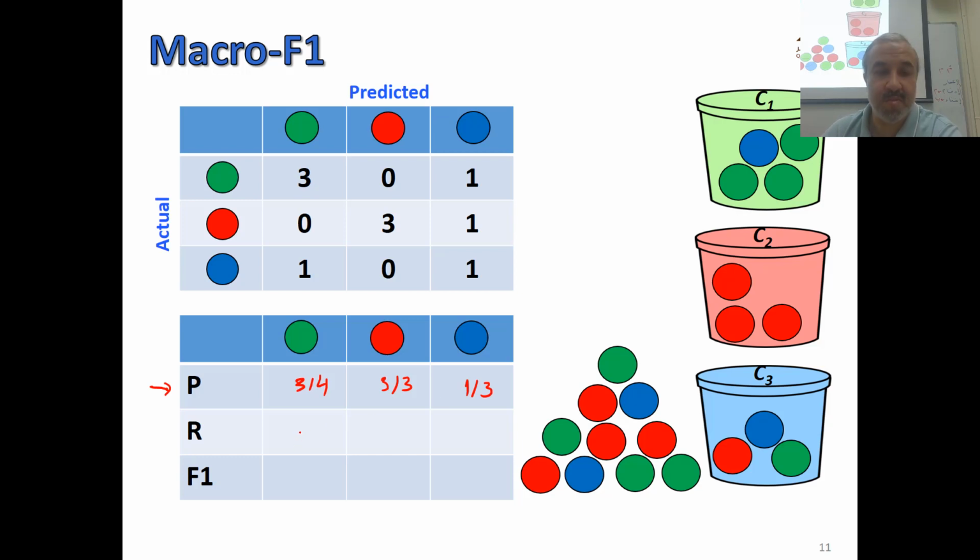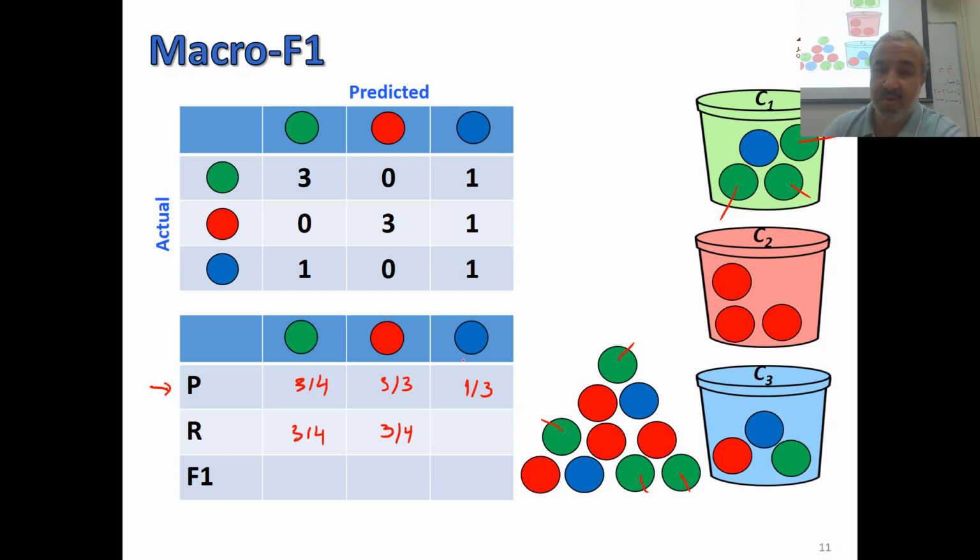Recall here. 3/4. How many green do we have? 4. 1, 2, 3, 4. How many did we get as green? We predicted as green? 3. Okay, so that's 3/4. Okay, we have 3 and all of them are 4, right? The red ones are 4, right?